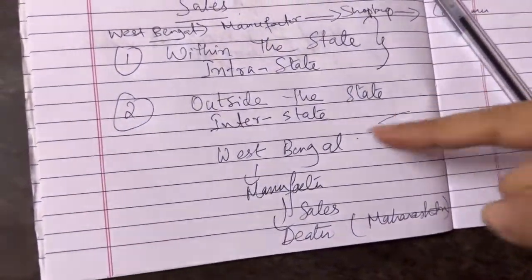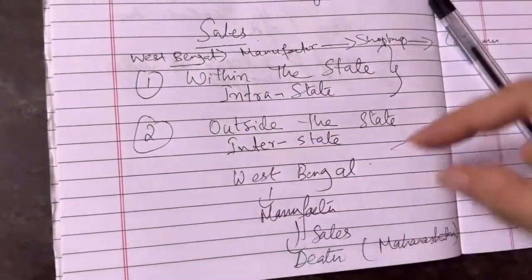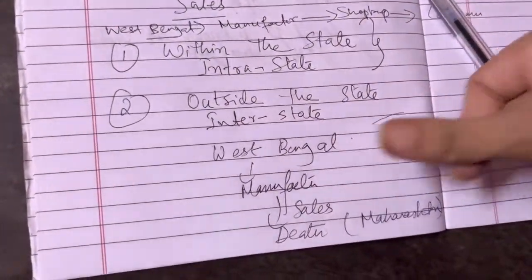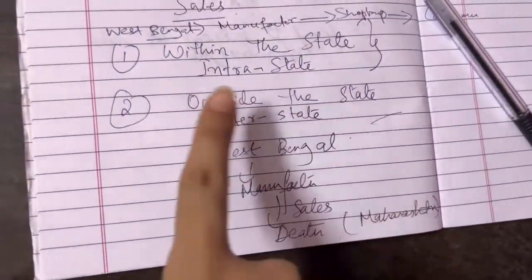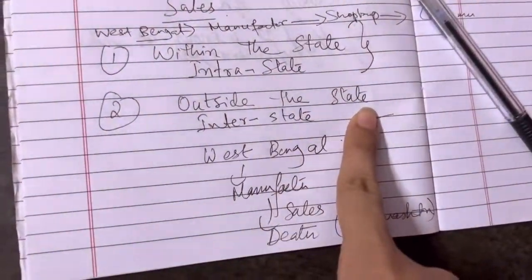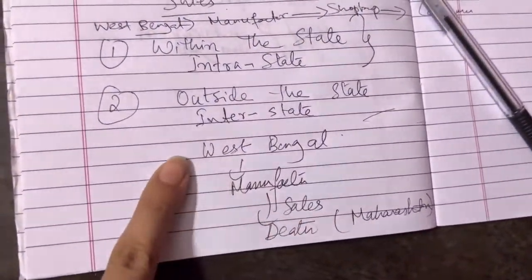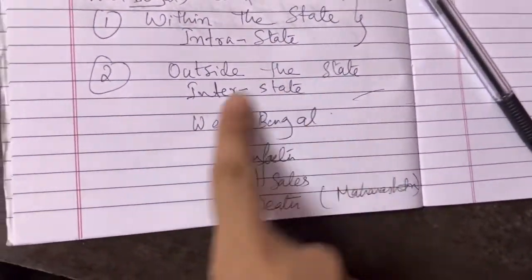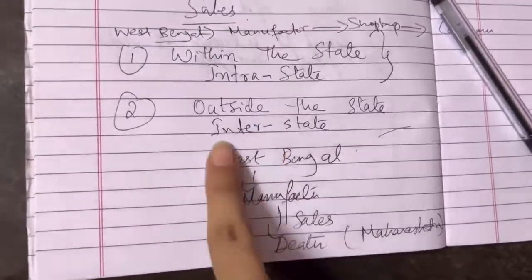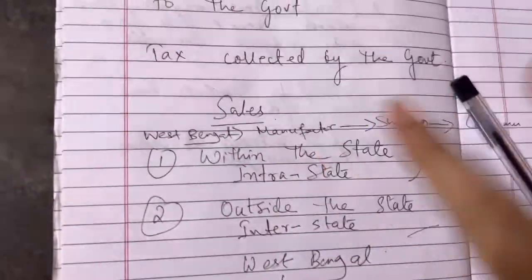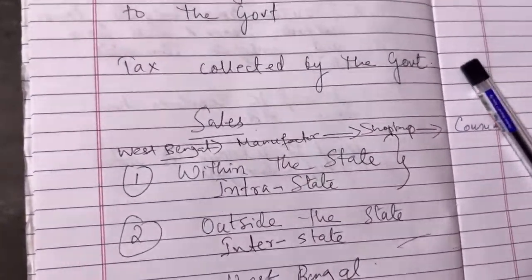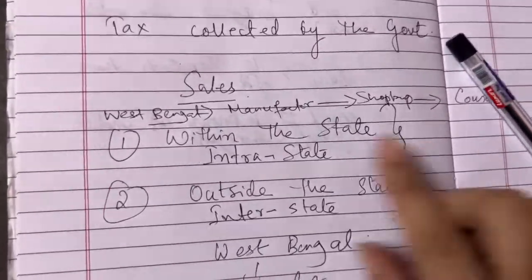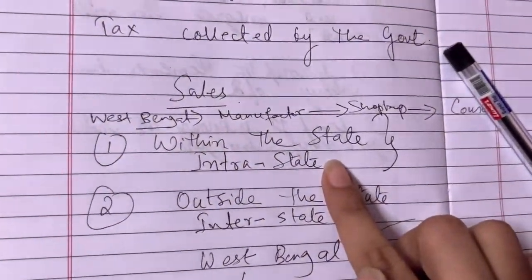So the manufacturer from West Bengal is selling the goods to a dealer in Maharashtra. It is outside the state. This kind of transaction is not taking place only in West Bengal. So this kind of transaction is called interstate, and the transactions carried out within the same state are called intrastate.